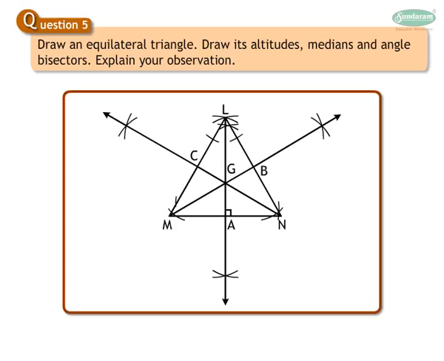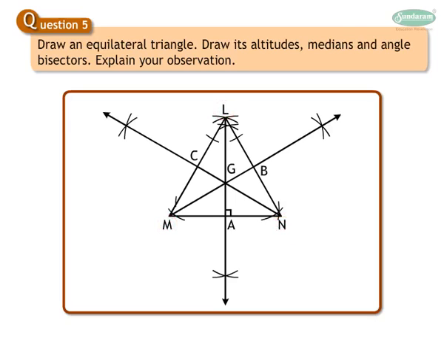Mark midpoints of line segments MN, LN, and LM as A, B, and C respectively. Join point L to point A, point M to point B, and point N to point C. Thus we will get line segments LA, MB, and NC as the medians of the equilateral triangle LMN.